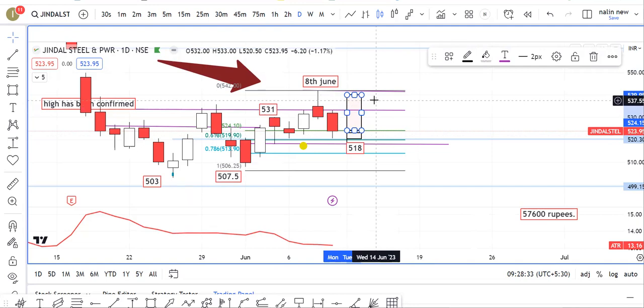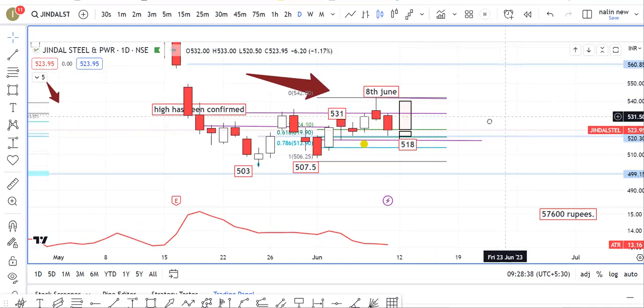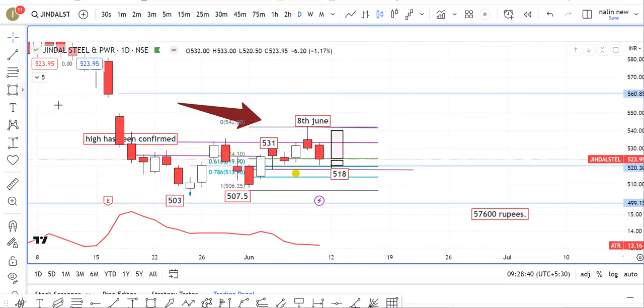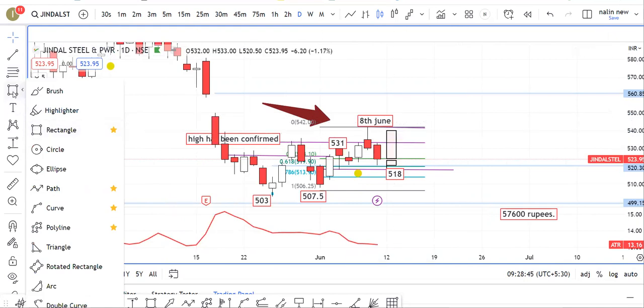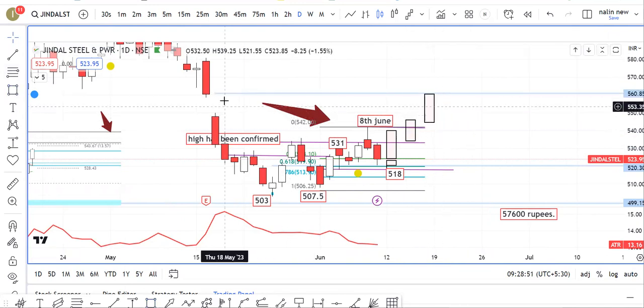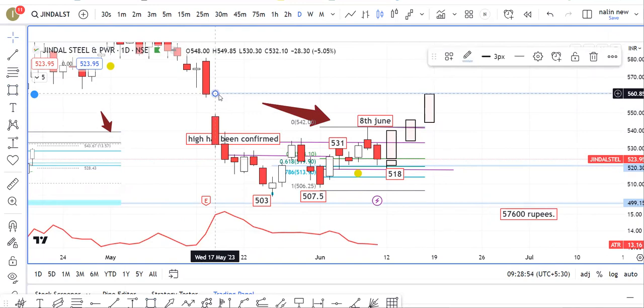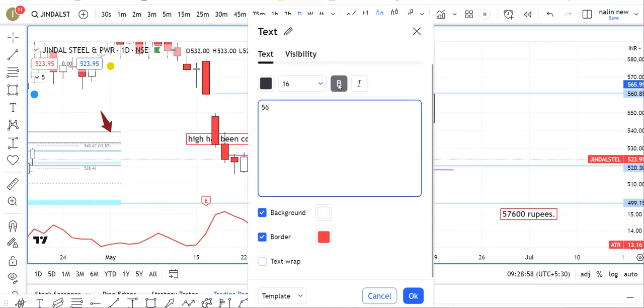Once it starts closing on this, it may take 5 to 6 days, or 3 to 4 days, to come to this level, that is 560. Definitely the 560 target will be achieved.